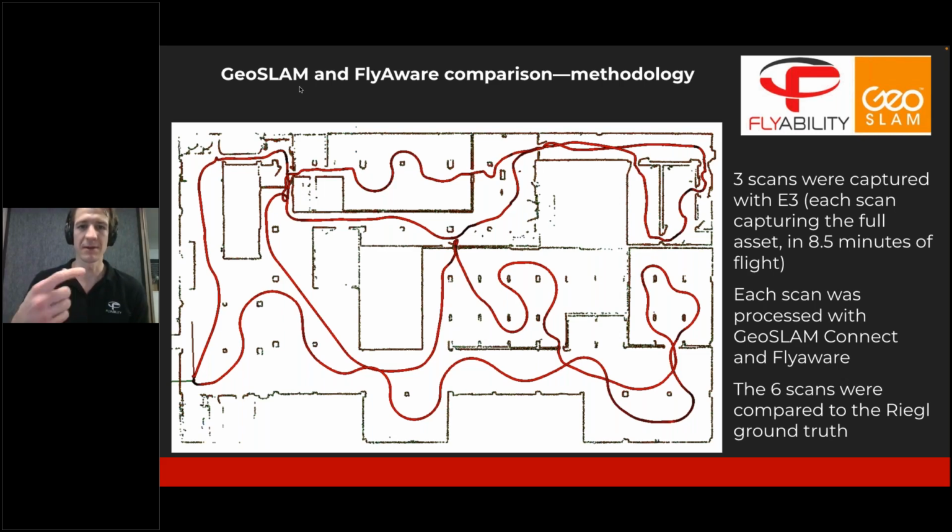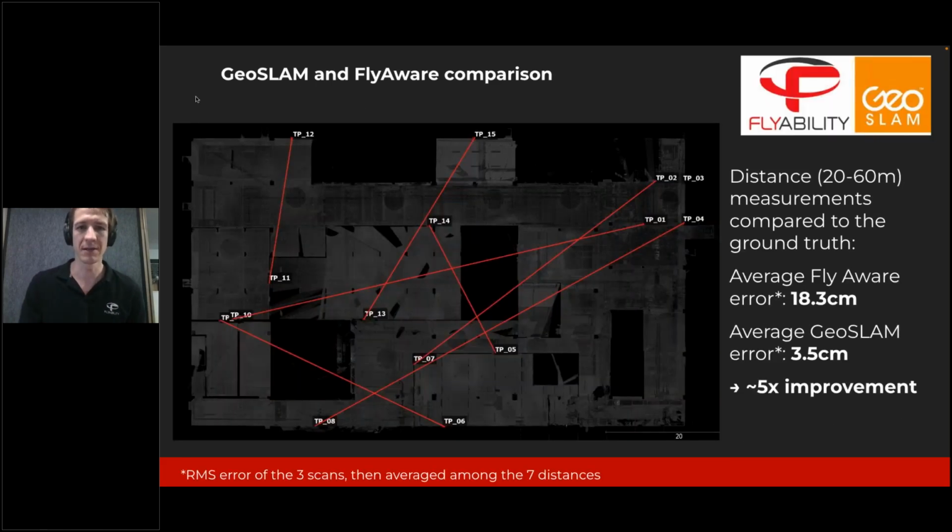On the next slide, please, Zach, we can show that the average error of the distance measurements on FlyAware was 18 centimeters, while on the GeoSLAM models it was 3.5 centimeters. So while the FlyAware model remains very good whenever you want to show where the data is, if you really need precise measurements, you can get a really significant improvement by further processing with GeoSLAM.